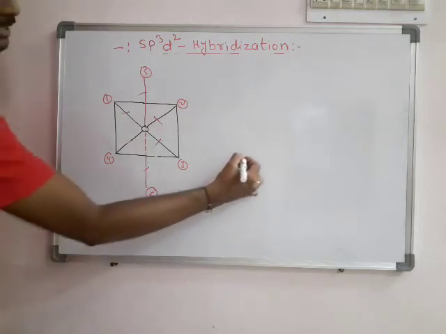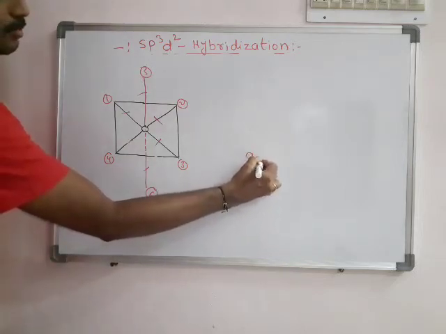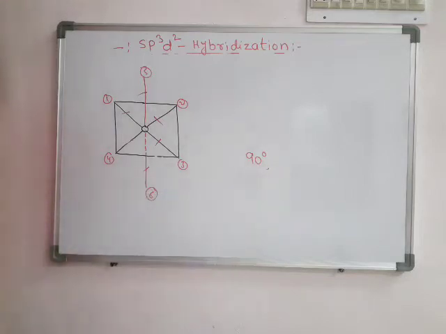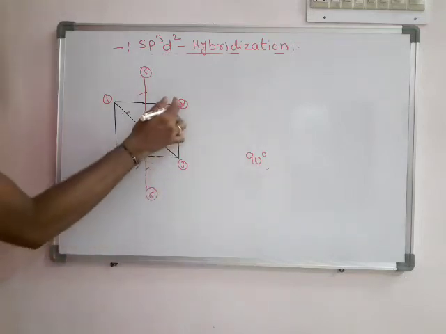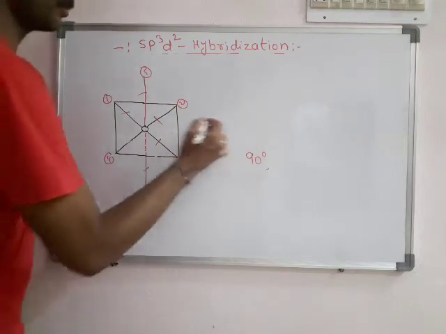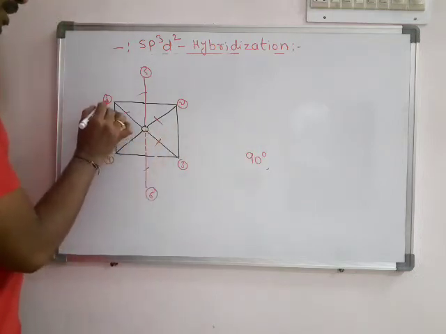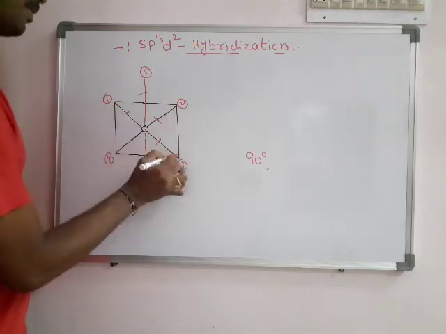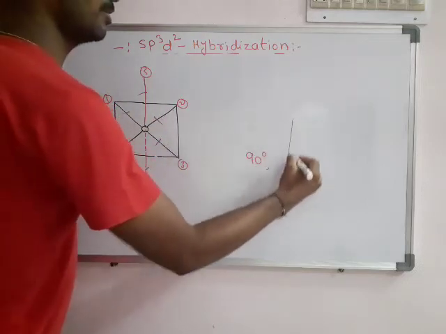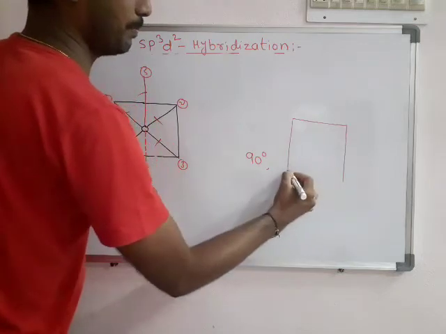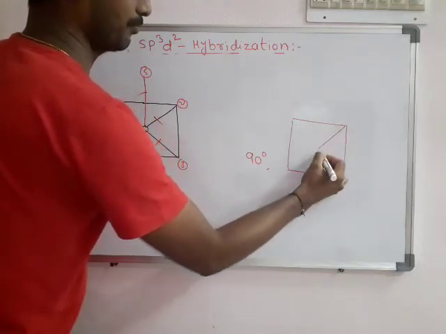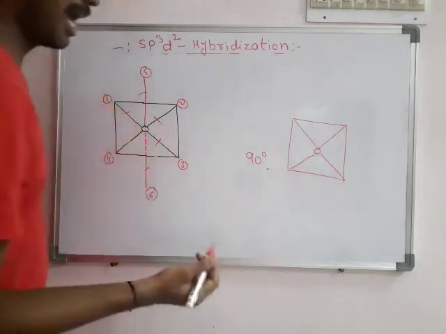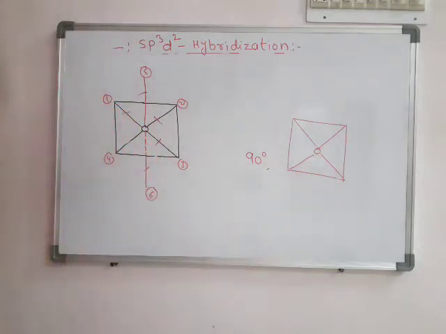So what do we write as the bond angles? Just now we said the main bond angle is 90. Just think of a square planar. First I am discussing the bonds. The orbitals present in a plane, 1, 2, 3, 4; let us see the bond angle at these places. Bond angle means the angle between the hybrid orbitals.